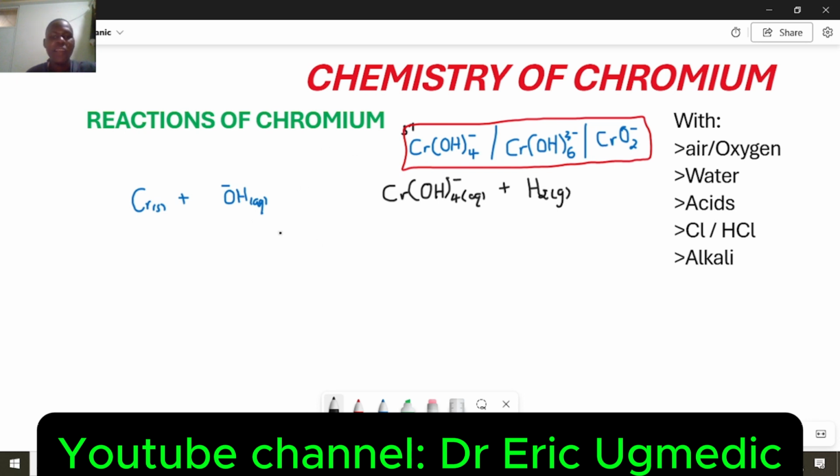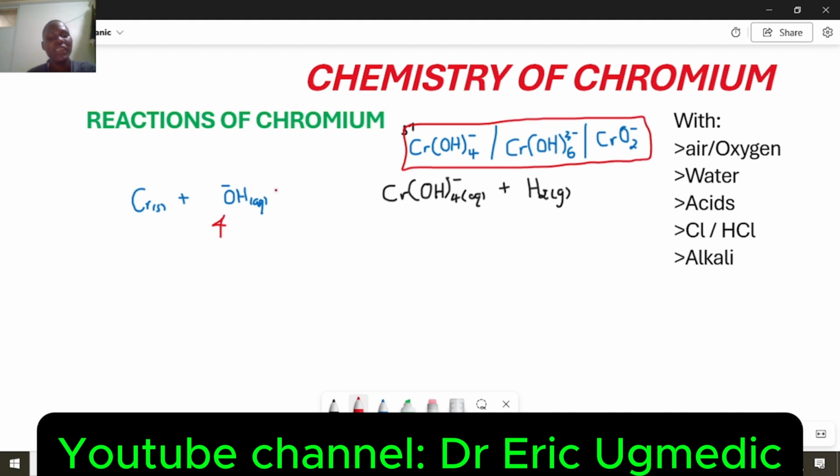So if I try to balance this equation, you realize that chromium will be balanced, but oxygen and hydrogen can never balance. Why? Because if I try putting here 4 to balance oxygen, I'll realize that hydrogen cannot balance. So what will I do in such a case?